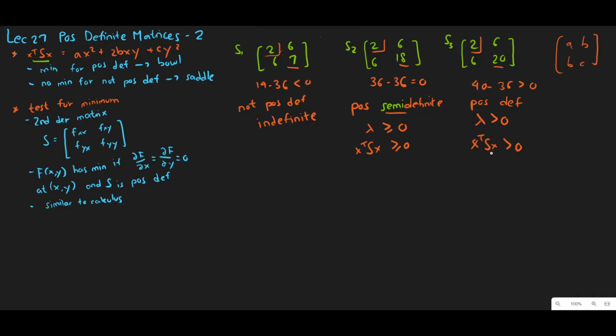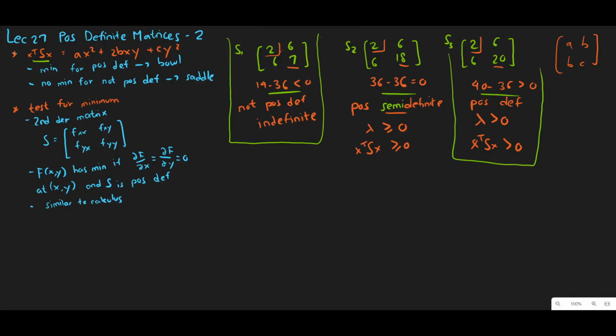It's really good to just stare at it for a second and tell the difference between them, and perform a quick determinant test to see the definiteness of each of them. Now I want to specifically talk about these two, the case for indefinite and the case for positive definite.